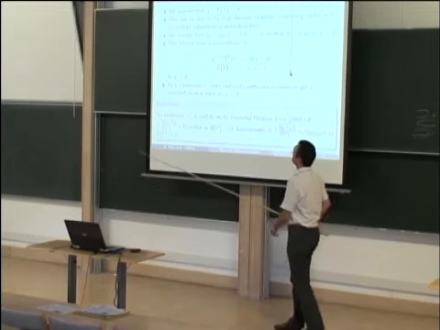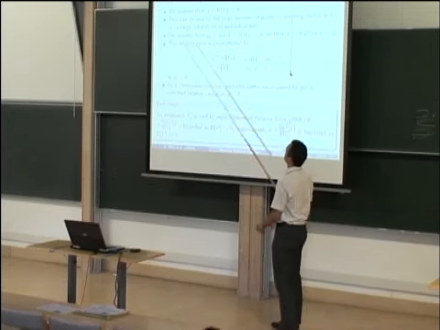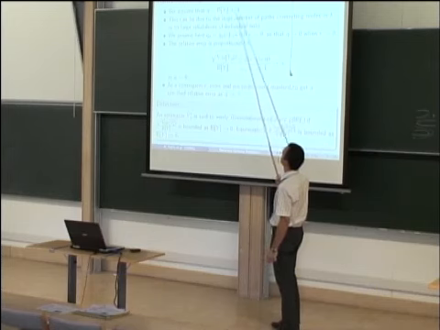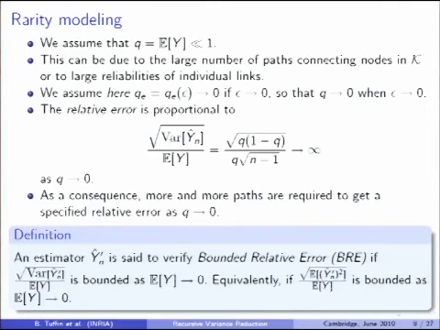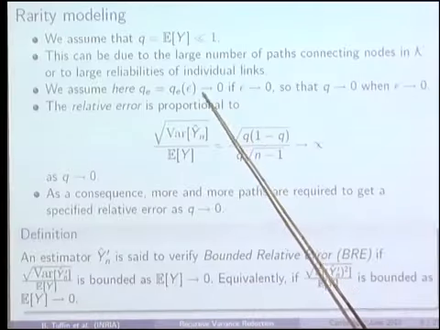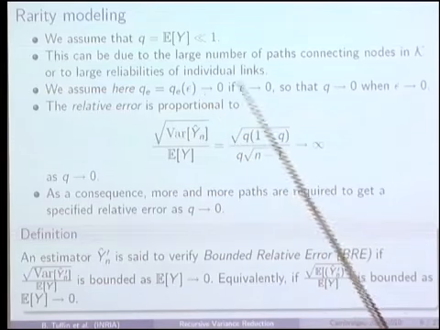But we are mainly interested in the case where the unreliability of the system Q is very small. And there are many contexts for that. This can be due to the fact that there is a large number of paths that may connect the nodes in K, or the context that we are interested in is the case where the individual unreliabilities of individual links go to 0 in terms of a given parameter epsilon.